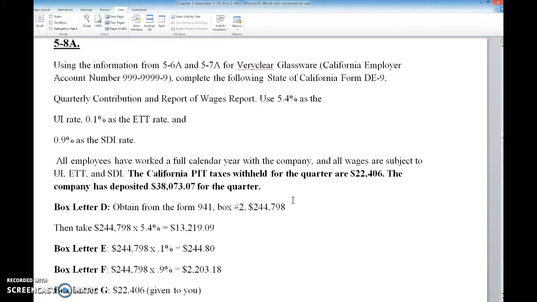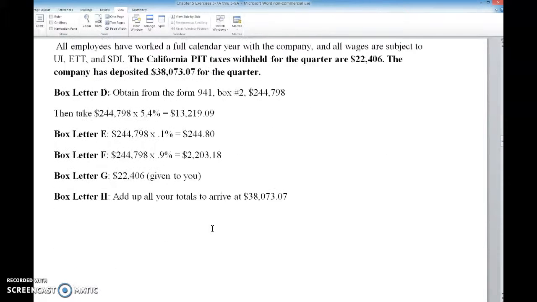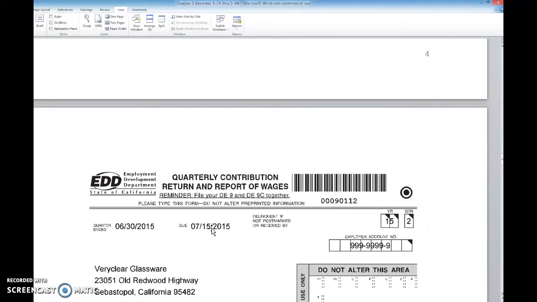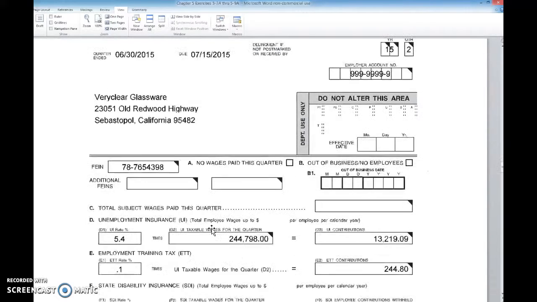California PIT wages, taxes withheld for the quarter are $22,406. The company has deposited $38,073.70 for the quarter. So if you look at the form, as you know, you're going to fill in that federal employer identification number.